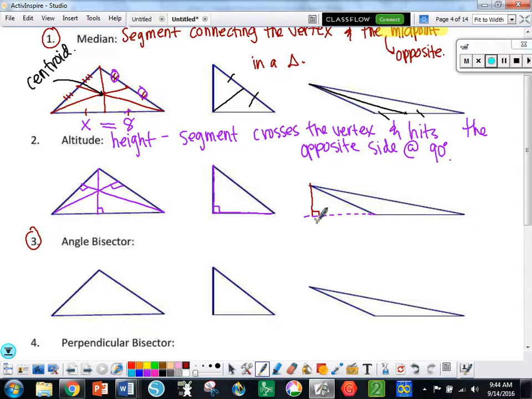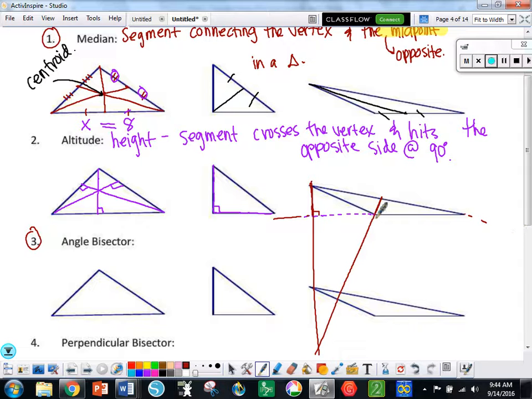Yeah, and if I were to draw all of them, so like on this one, like under that, this one the altitude kind of comes right here. Don't draw this part. If I were to extend these, the intersection wouldn't happen. I'd have to extend this.